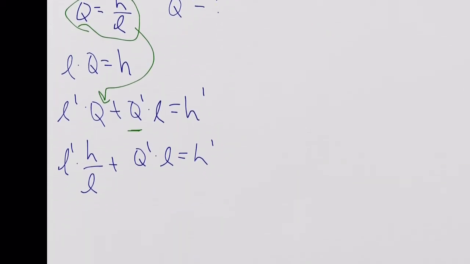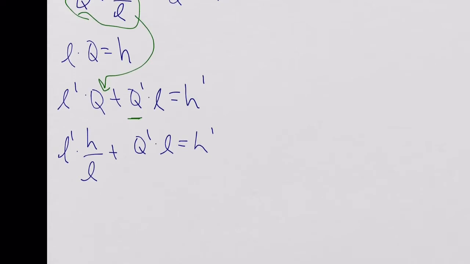So from here, I don't like the fractions. I don't want to deal with them. What I mean by that is I got this fraction right here. It just makes everything more work to deal with. So what I'm going to do is multiply by L everywhere, on both sides. What that's going to give me is L prime times H. This L up here cancels with that L down there.